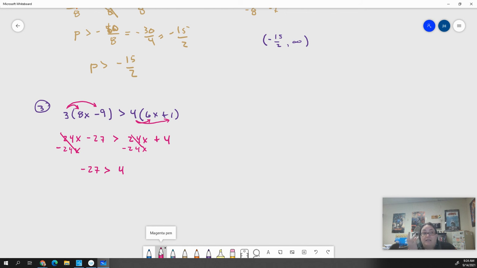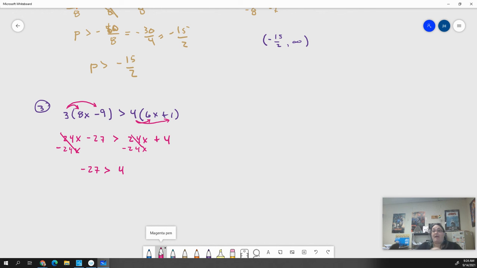Our x's disappeared, they subtracted out. I have a statement, though, that says that -27 is greater than 4. Is that a true statement? Is -27 bigger than 4?